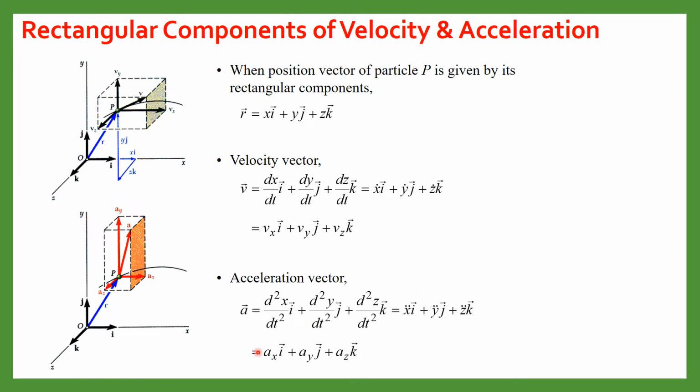Or you can also write in this form axi plus ayj plus azk. So all these things are one and the same, just different notations. In different books you can find different notations, so please don't confuse. All these notations are the same.